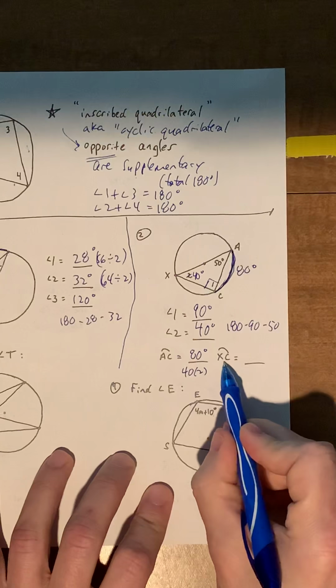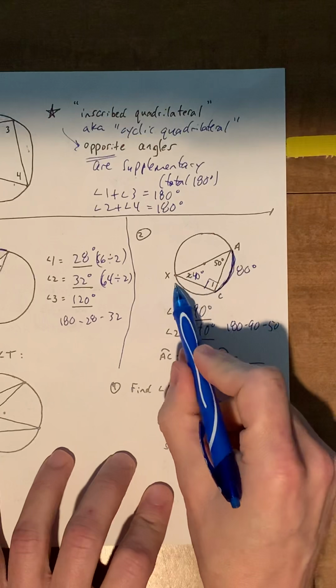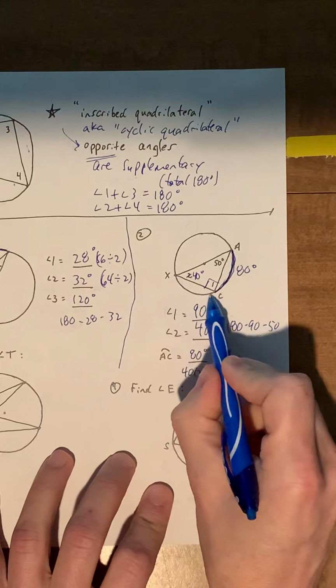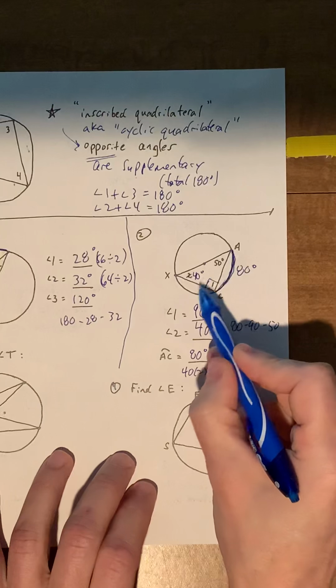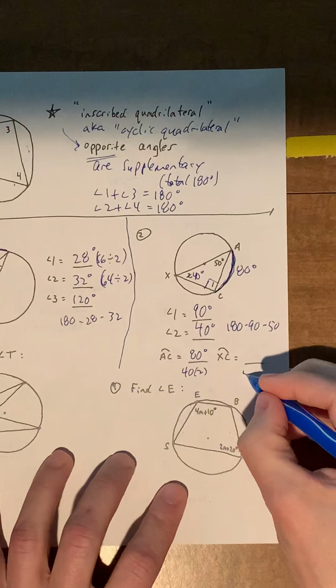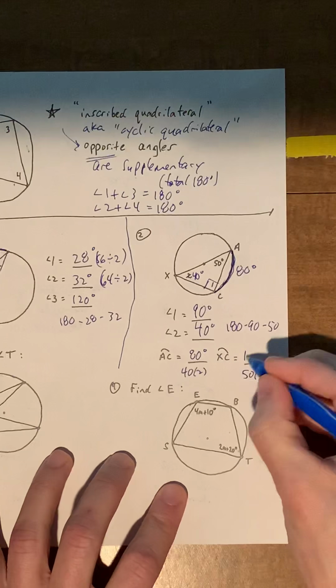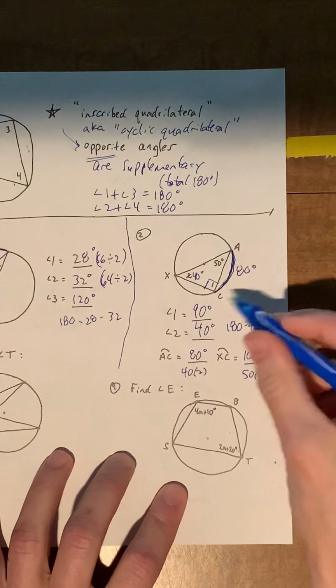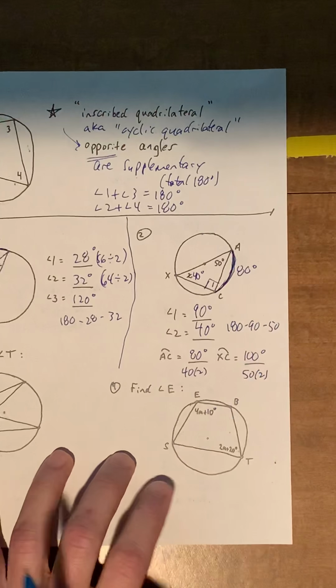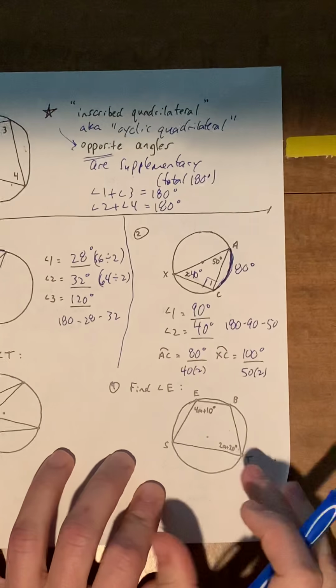And arc XC next, which is right here. Its inscribed angle is 50. So if we double this up to get the arc, 50 times 2 is 100. All right, so 100 degrees for arc XC, number 2. All right, let's move on to number 3.